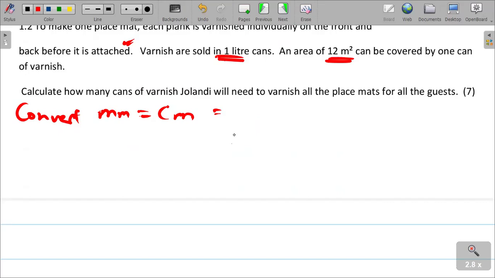We need to convert 30 millimeters to centimeters.